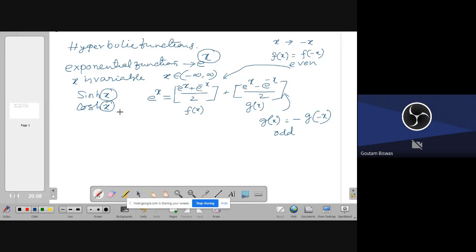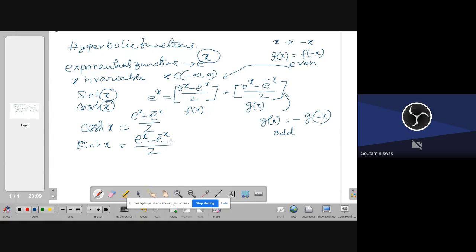Perhaps you know it. Now this part of e to the power x we write as cosh x, cos hyperbolic x. So this is equal to e to the power x plus e to the power minus x by 2, and that part of this function is sinh x, which is equal to e to the power x minus e to the power minus x divided by 2.